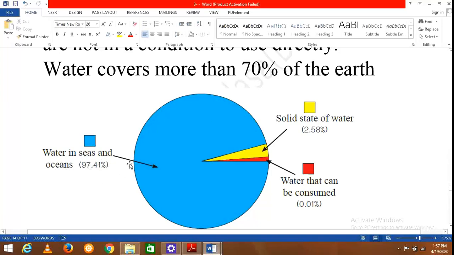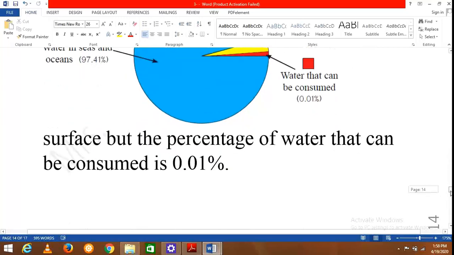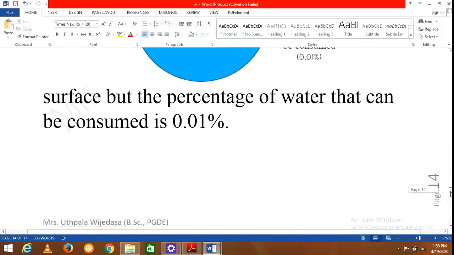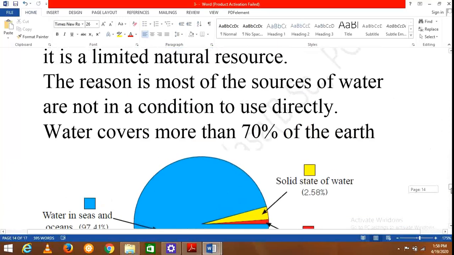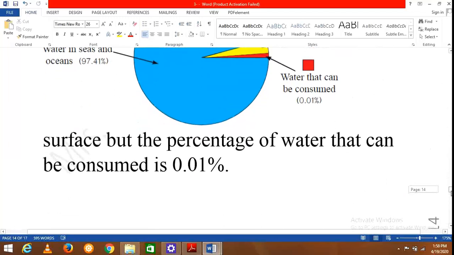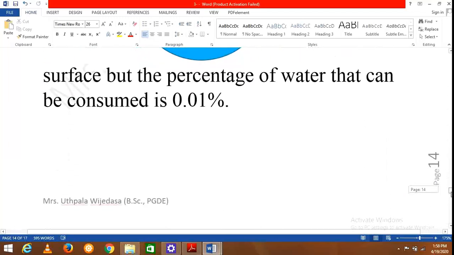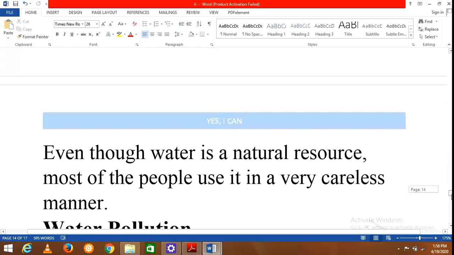So about 97% is in seas and oceans, about 2.5% is in solid state, and consumable water is 0.01%. Surface water is available on more than 70% of the Earth's surface, but the consumable water is very limited.